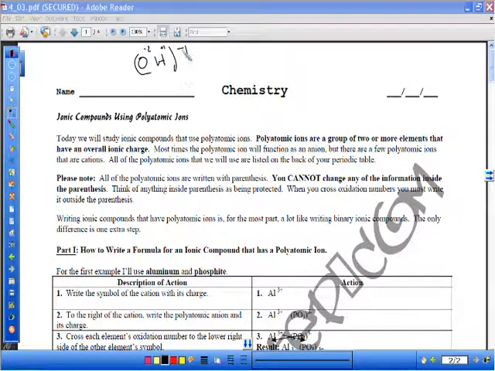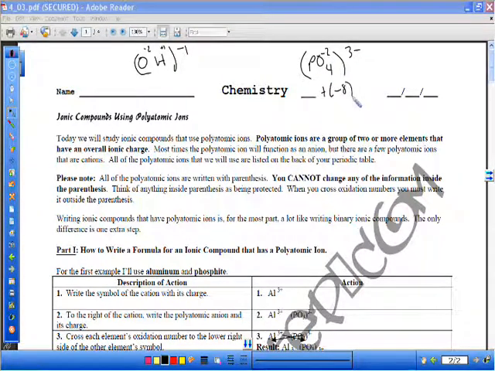If we look at phosphate, phosphate is PO4. This whole thing has a -3 charge, so this whole thing acts as a -3 charge. Oxygen has a -2 charge, and we have four of them, so the charge of the phosphorus plus the charge on the oxygen, four oxygens times -2 each, is a total of -8.